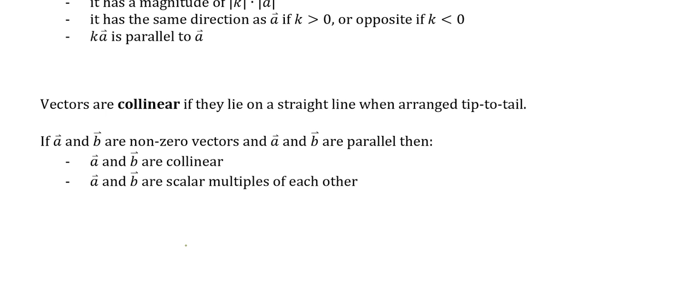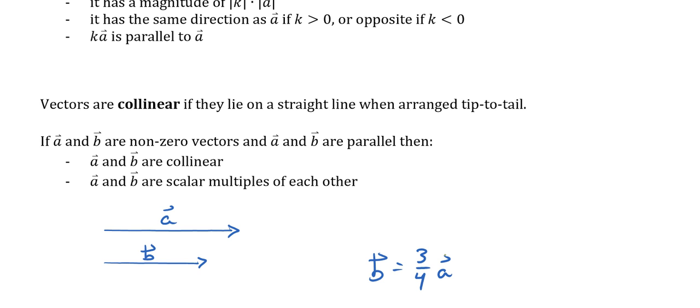I was actually going to do some measuring here. Let's see. So I made B 3/4 of A, so B is equal to 3/4 of A, and there's your scalar multiplication. 3/4 times A gives me B, or A would be equal to 4/3 of B, right?